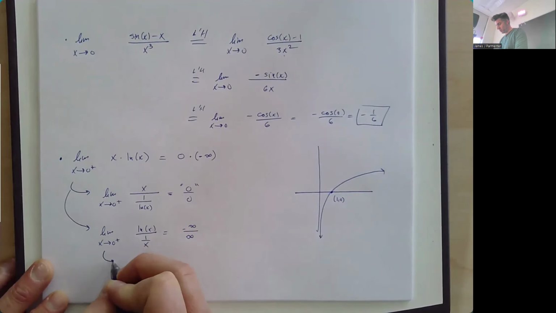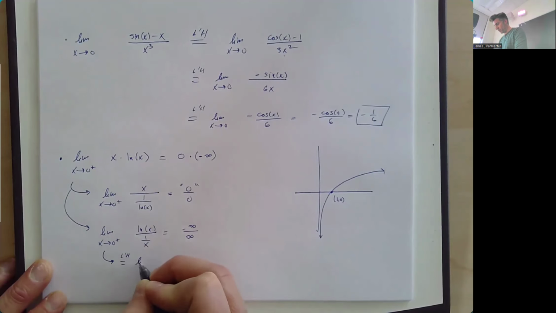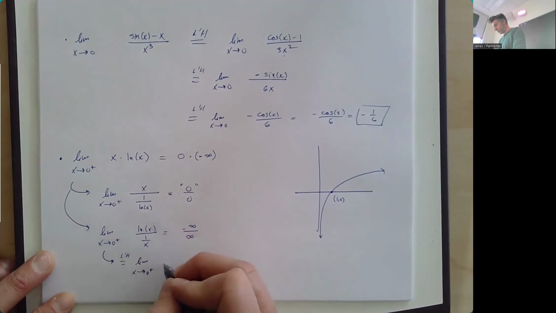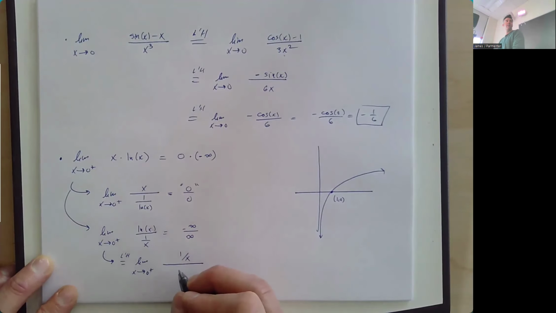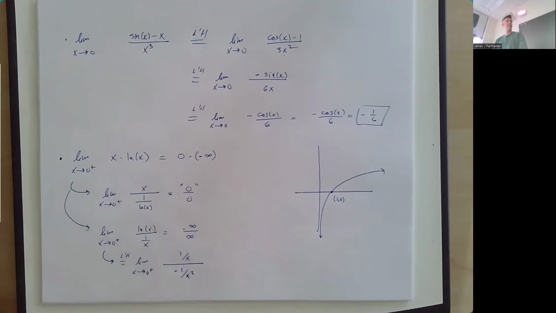And now we can use L'Hopital's rule. So here, using L'Hopital's rule, I'm going to take the limit as x goes to 0 from the right of the derivative of the natural log of x, which is 1 over x, over the derivative of 1 over x, which is negative x to the negative 2, or I would write it as negative 1 over x squared. And now we're in a similar situation that we were before.